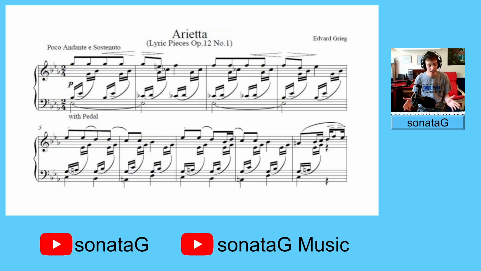It's definitely not perfect, and some of them have quite a bit of work to do still. But on the music channel, it's all stuff that I've prepared specifically to record. And then the regular Sonata G is going to be gaming stuff as well.